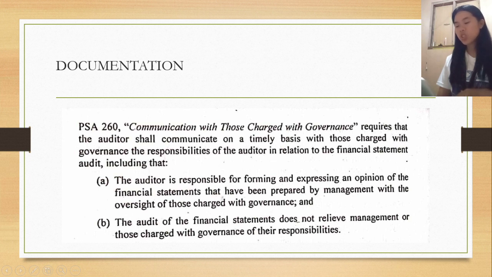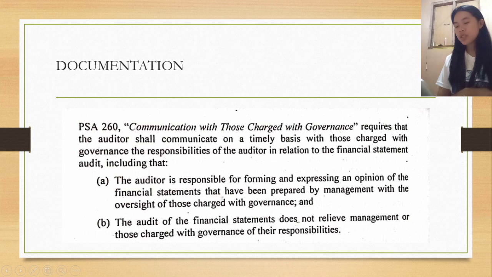This documentation would also include conclusions about the information the auditor has identified relating to significant matters that are inconsistent with or contradict the auditor's financial conclusions.